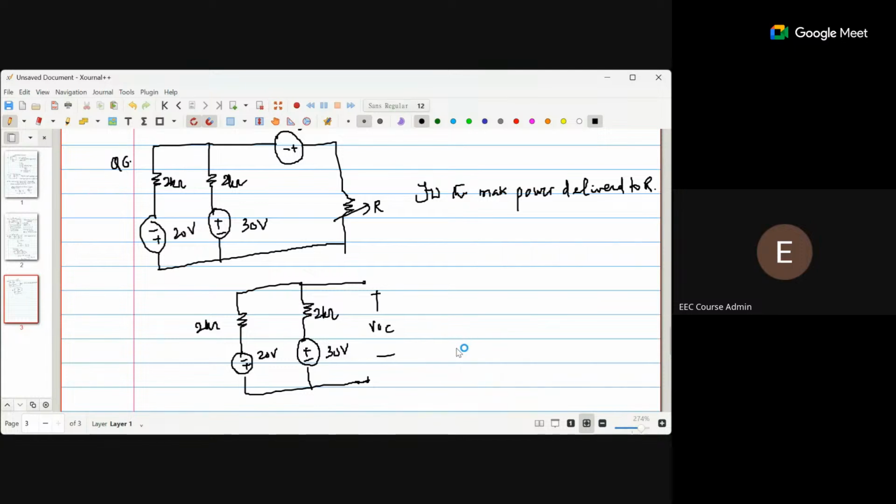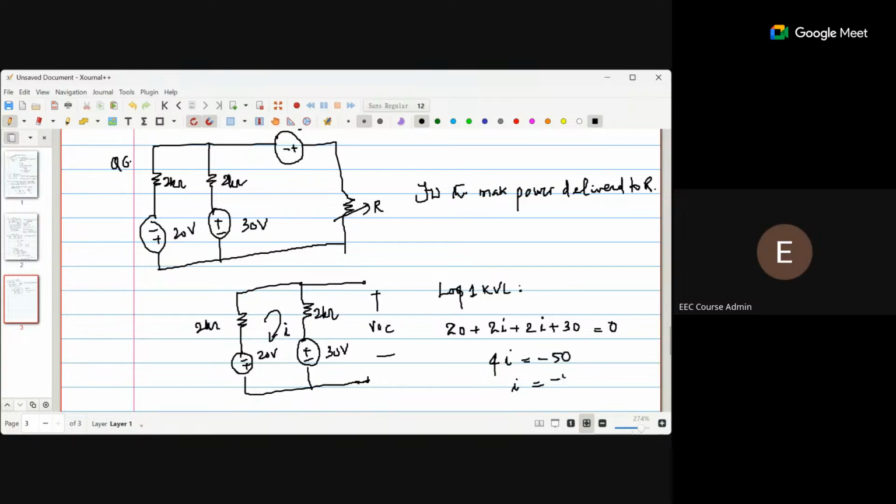For the open circuit voltage, if I am applying KVL in this loop 1, what do I get? Minus 20, plus 2i, again plus 2i, plus 30 is 0. So I will get 4i equal to minus 50.